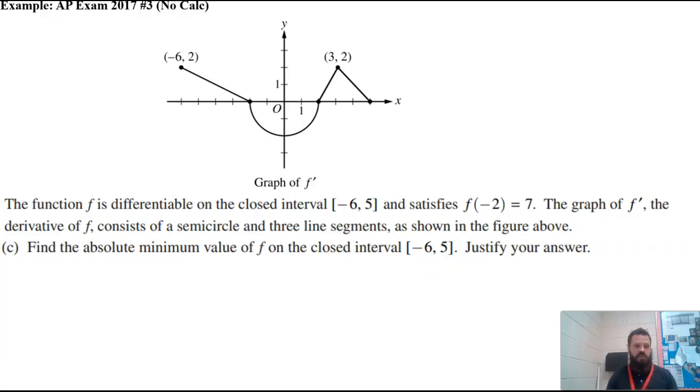All right, so this question, I think it's easiest to start with the justification part. Let's write out what we're doing. Let's say that the absolute minimum will occur at a critical point.